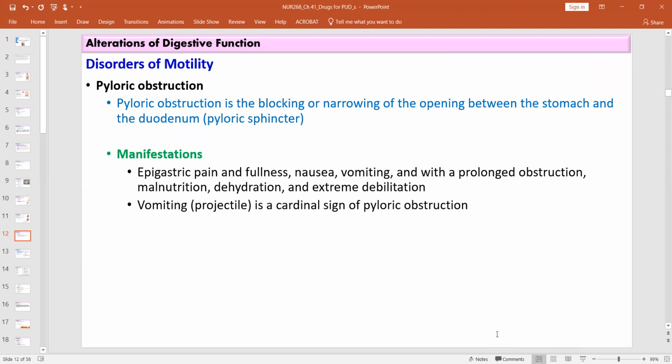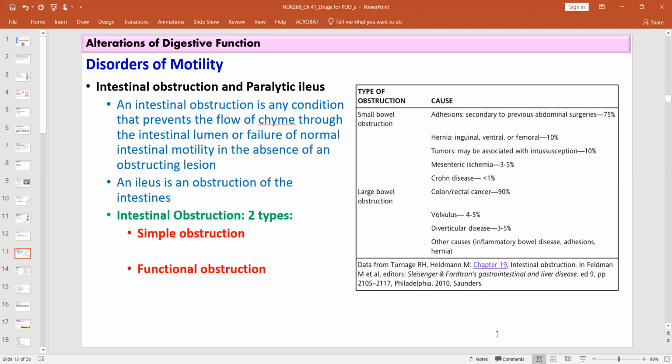The pyloric obstruction can be either acquired or congenital. And in PEDS, projectile vomiting means we have to rule it out, but at least that's one of the significant signs of pyloric stenosis.